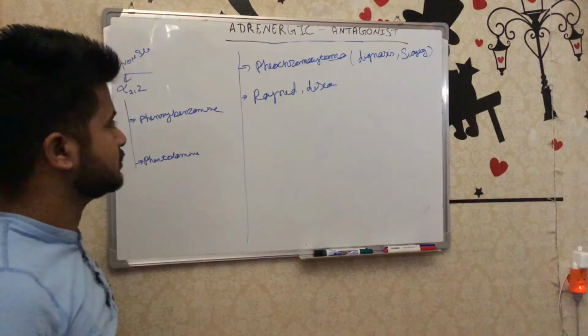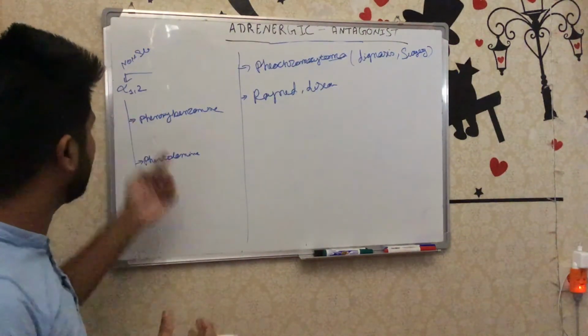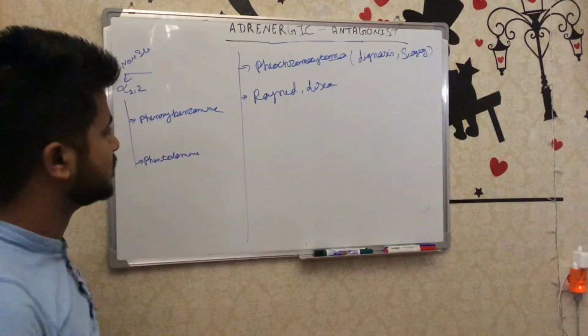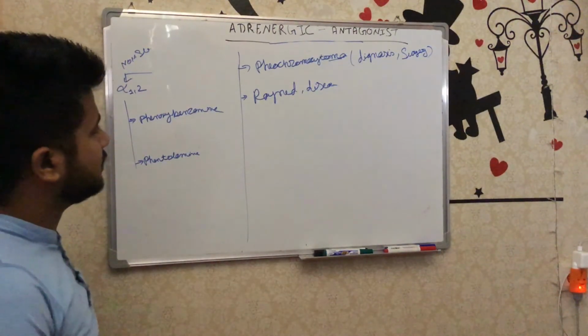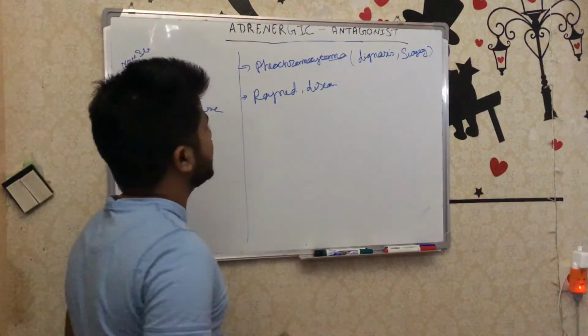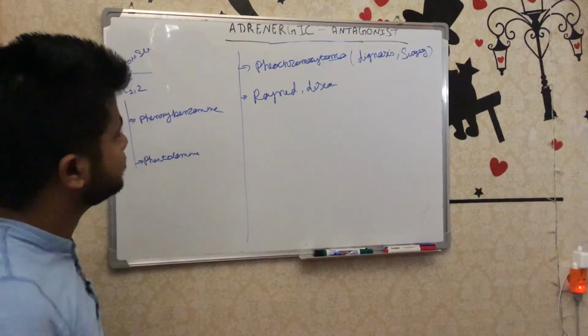At that time we need to dilate the artery, that's why we can use an alpha blocker. That alpha blocker acts on the artery muscles, so they dilate and the patient may feel better. So there are two indications for these two drugs.